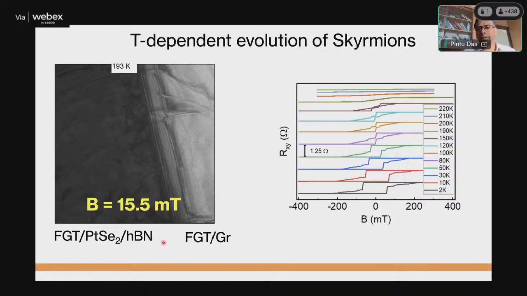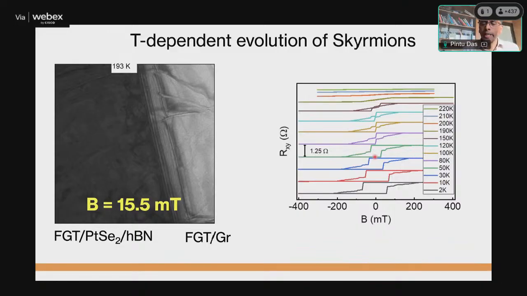Yeah, so at a few different temperatures, we are able to relate this image with the temperature dependent behavior of the anomalous Hall effect that we measure here. By the way, our Hall effect doesn't show the typical topological Hall effect that people have measured in this case.